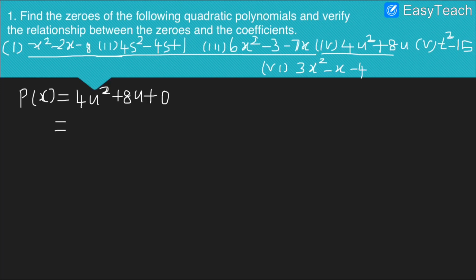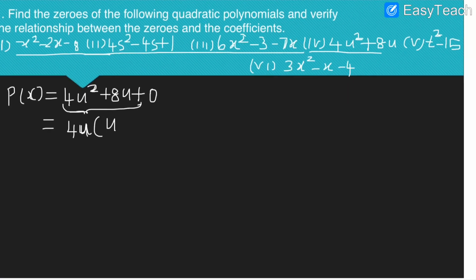Look at the two terms here. 4u is common between these two terms, so I take 4u out, leaving u from this term, plus here we have 2.